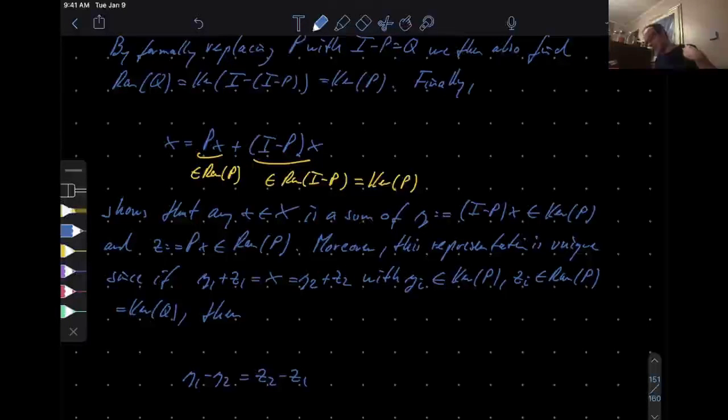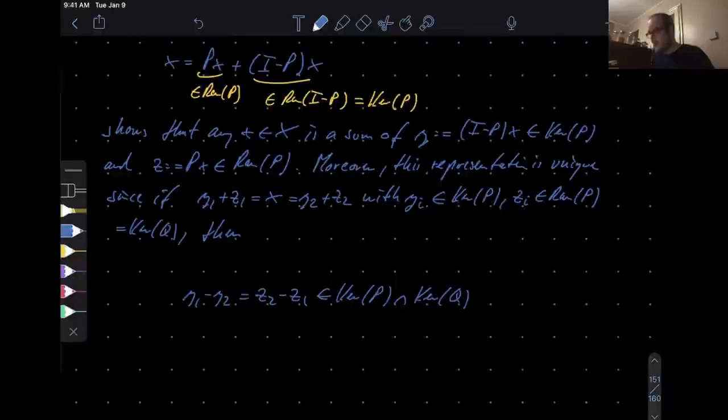So now the left-hand side is in the kernel, because kernel is a subspace, and the right-hand side, also being a subspace, is in the kernel of q, right? So necessarily I claim, let me write it down and then explain. So necessarily y1 minus y2 equals z1 minus z2 equals 0.